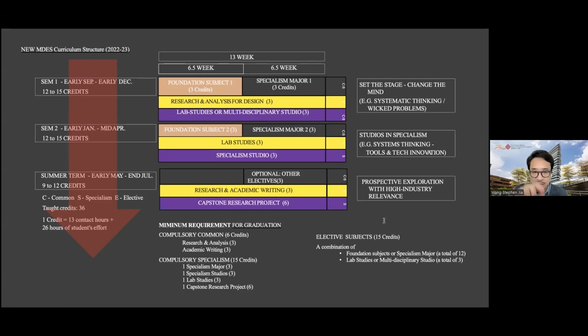Okay, so in the last term, you can see you're gonna have a little bit of space there, and you will focus on the capstone, which will be supported by research and academic writing, and will give students a very good path if you want to do your PhD in the future.